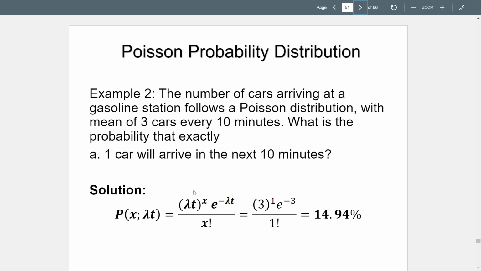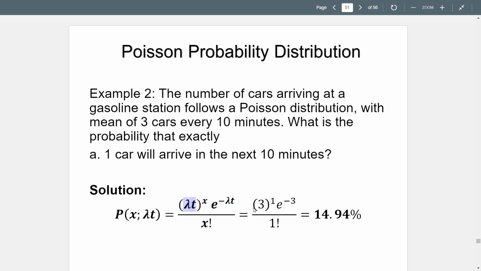The number of cars arriving at a gasoline station follows a Poisson distribution with a mean of 3 cars every 10 minutes. What is the probability that exactly 1 car will arrive in the next 10 minutes? So lambda will be 3, and exactly 1 car will be your x.